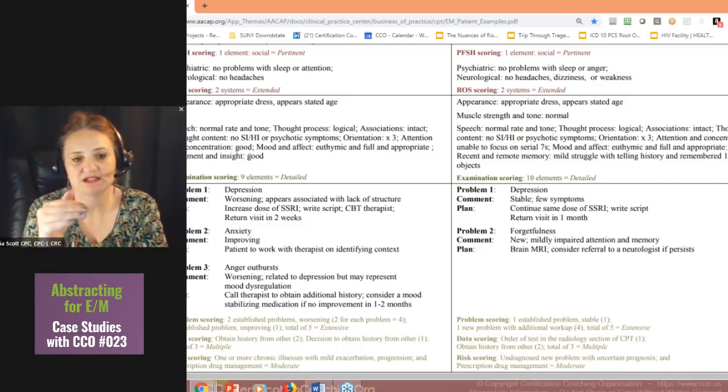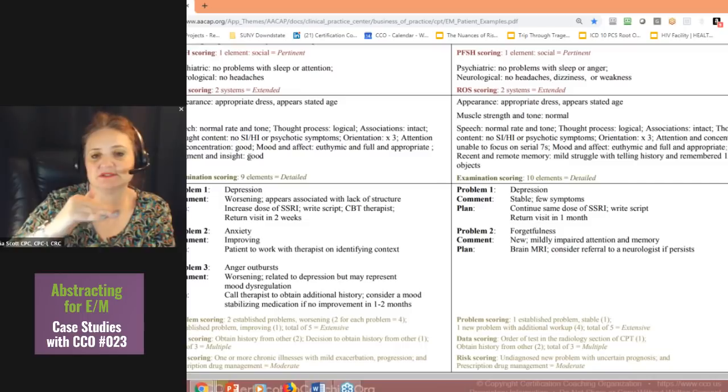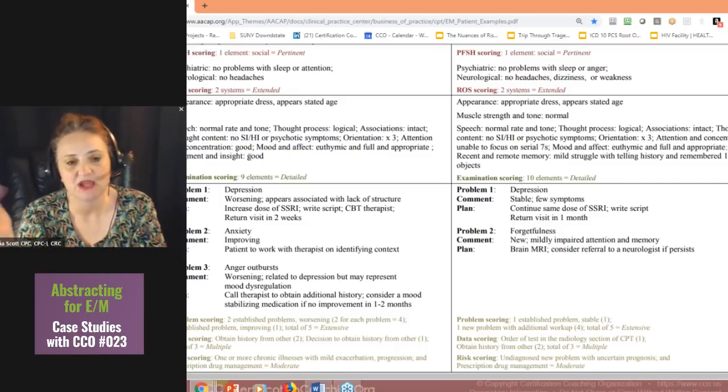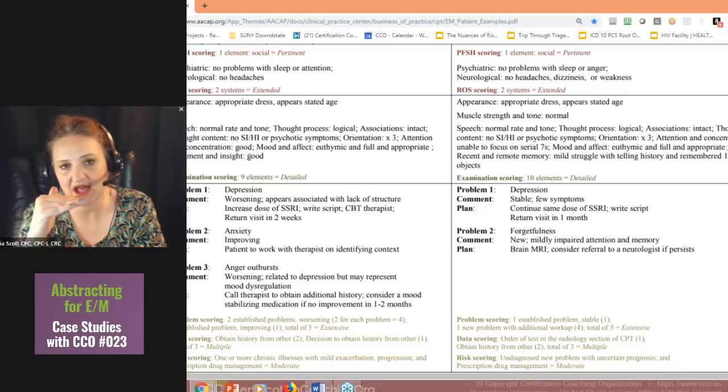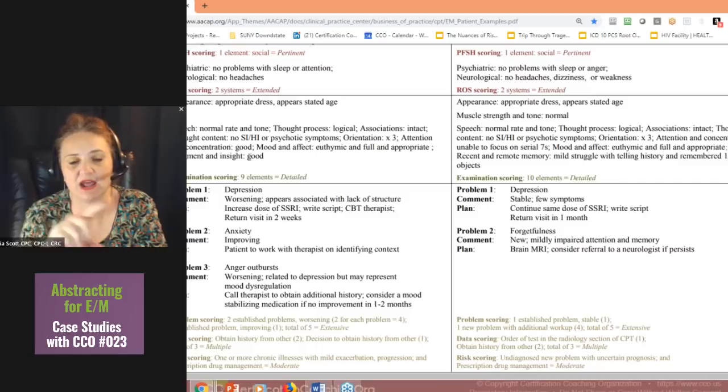Now, the thing about exams is they're usually just bulleted out, so they're pretty easy to do. This format is a little bit different because usually it's bulleted out like that, or if you're in an EMR, you might have those highlighted in bold. That can be beneficial when your eye is scanning to abstract.